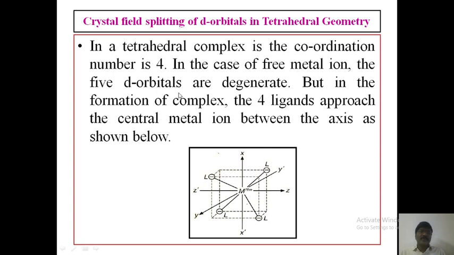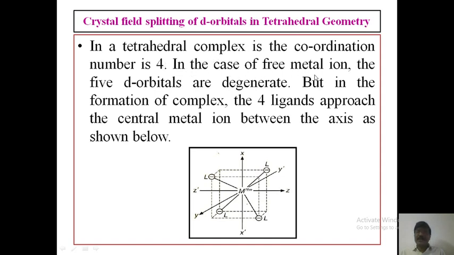Next one, crystal field splitting of d orbitals in tetrahedral geometry. This is quite the opposite of the octahedral geometry. In a tetrahedral complex, the coordination number is 4, that means the number of ligands present in the tetrahedral geometry is 4.